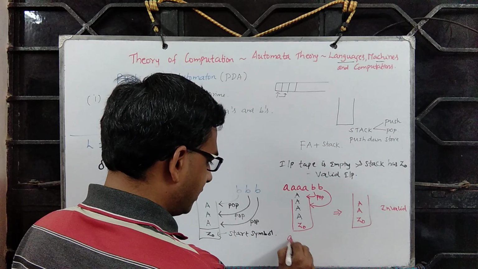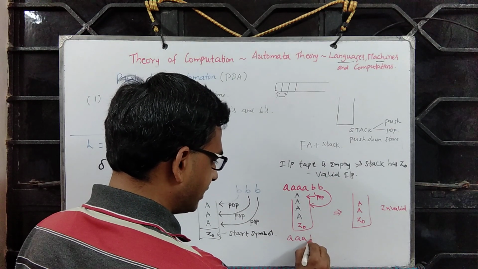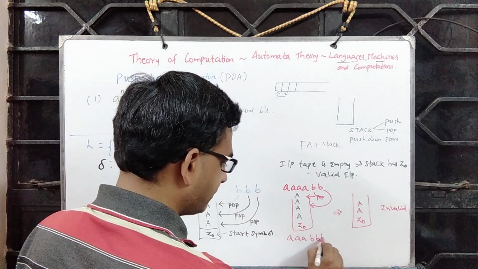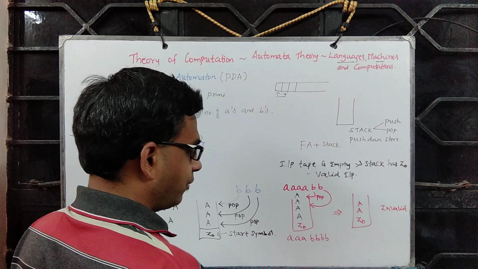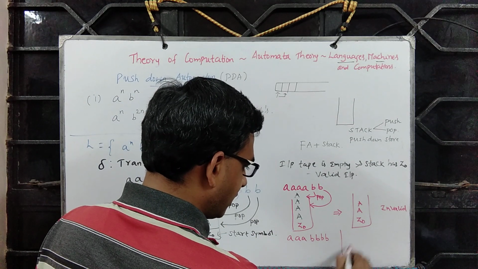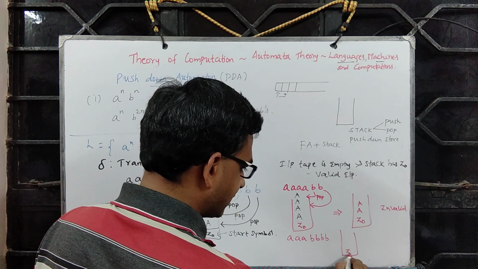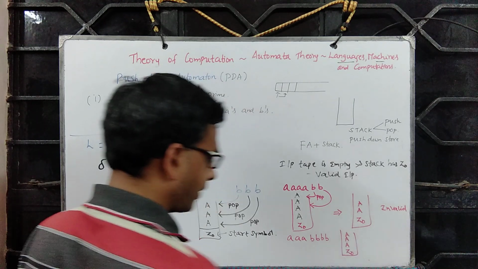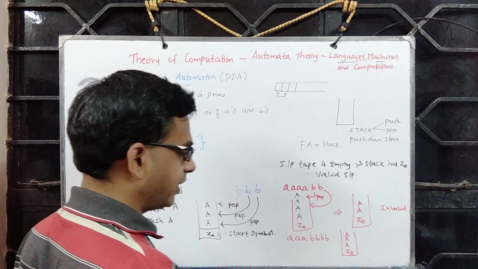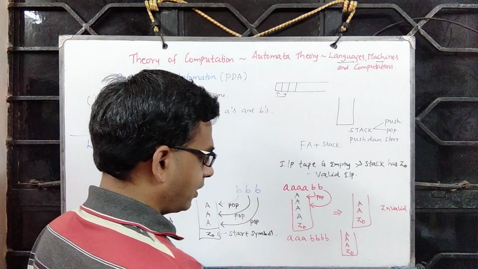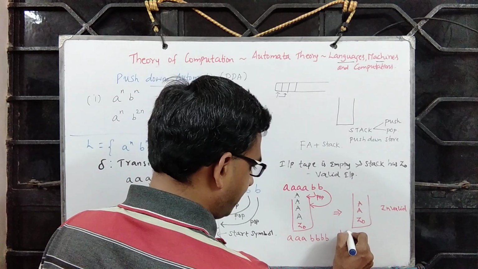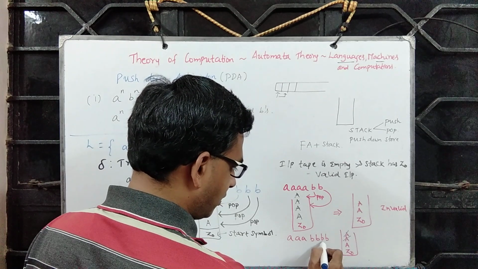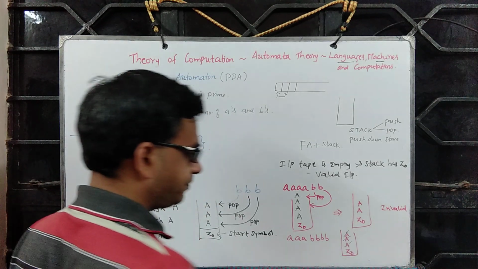Let's look at this case. Say 3 A's followed by 4 B's. Now for this input, if you look at the stack configuration, for 3 A's you will have this. Then we start performing pop. For the first B we pop this A. For the second B we pop this A. For this B we pop this.